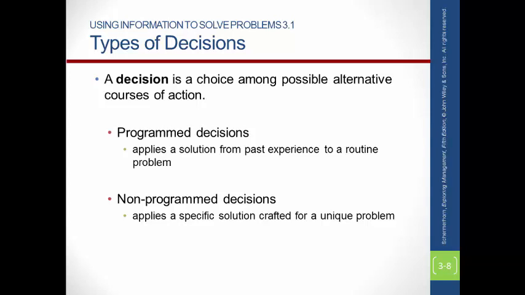And so you apply that same solution to get to work on time and get around that traffic. A non-programmed decision applies when there's a specific solution crafted for a unique problem. So if it's a problem that you've never encountered before, and now you have to come up with a solution.